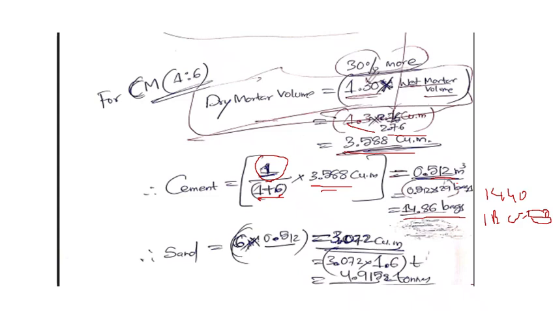Sand is 6 by 1 plus 6, the same as the cement calculation. It is 6 by 7 into 3.588, which is equal to 3.072 meter cube. The density of sand is 1.6 ton per cubic meter, so it is 4.9152 tons.